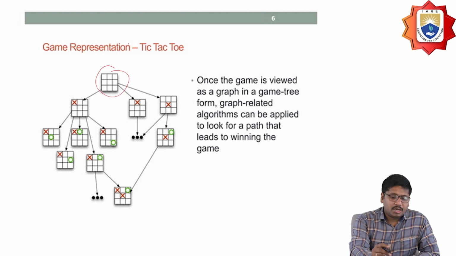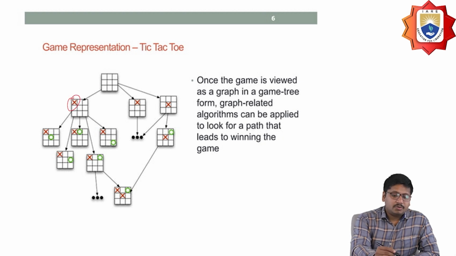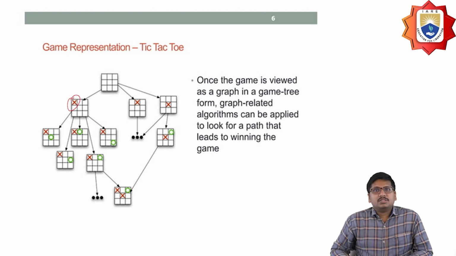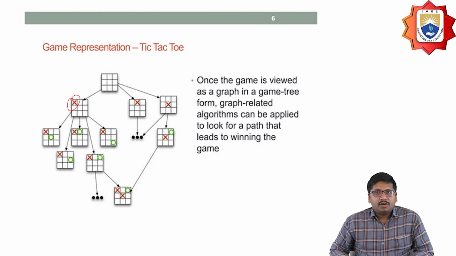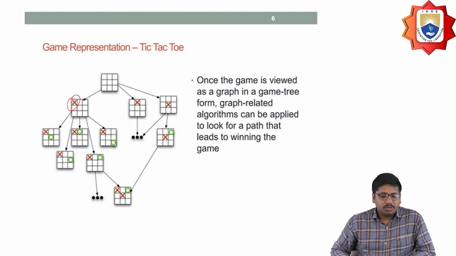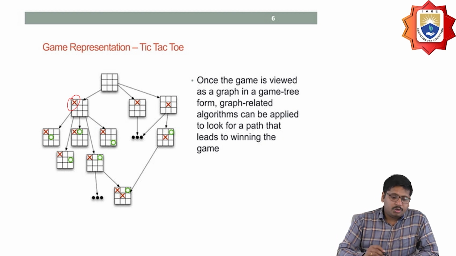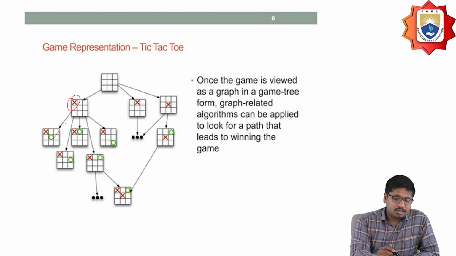So here we have a set of vertices and nodes. What I'm going to do is place the first queen in the first row, first column of the matrix. I'm finding out whether I'm going to get a solution or not. So I place the second queen in this position. It is not possible. Here is not possible, and this one is also not possible. All these cases are not possible.